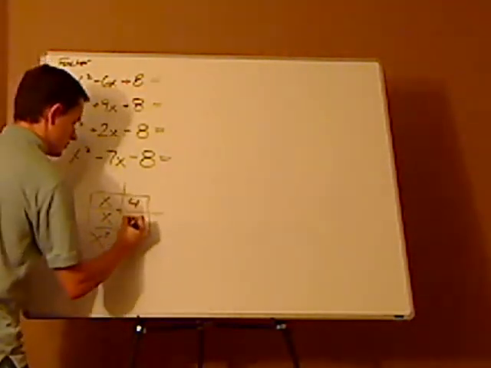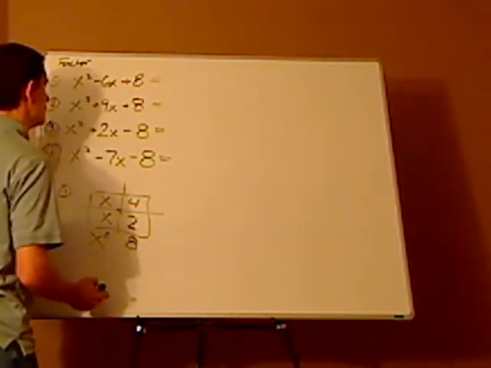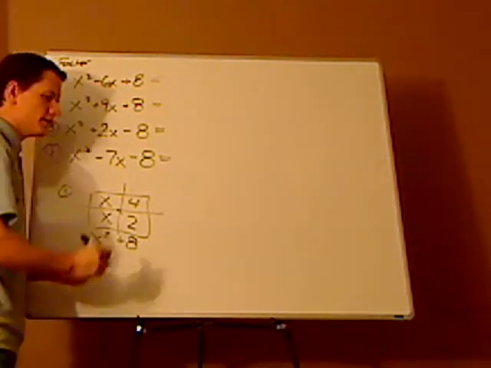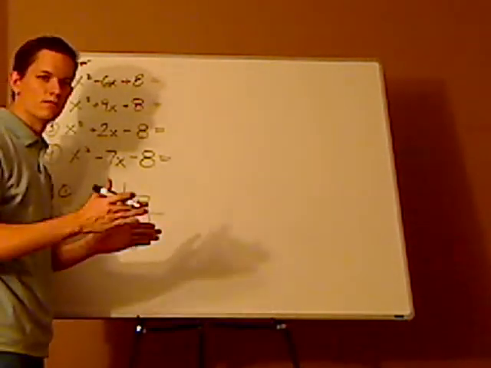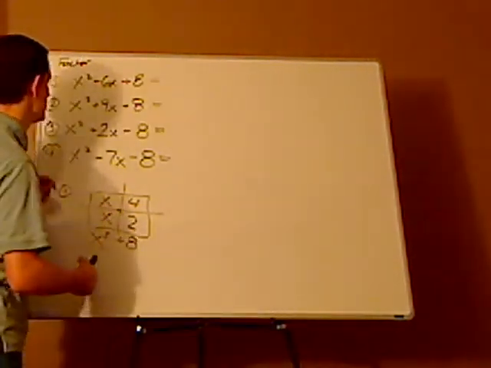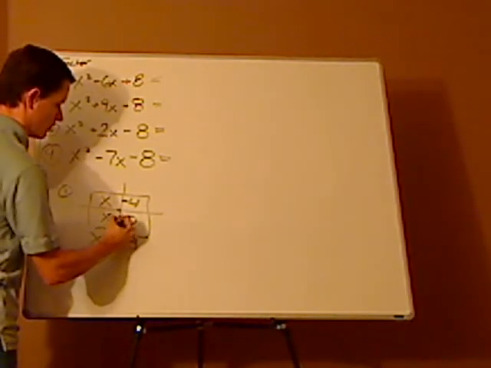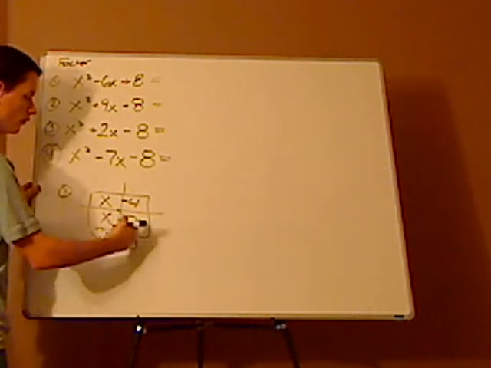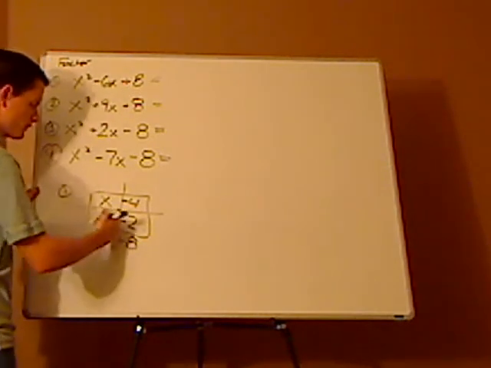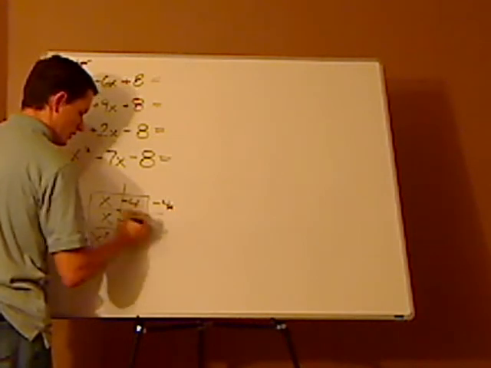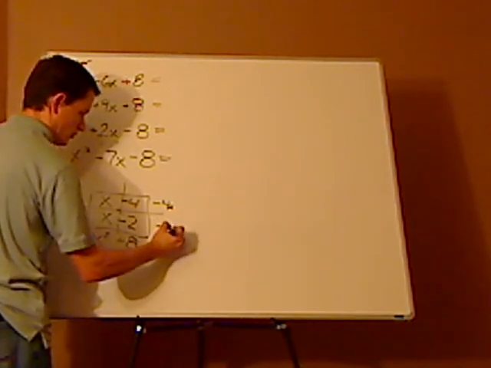So 2, 4. Now, since there's a minus sign here, since this is a plus, it's either going to be negative, negative, or positive, positive. In this case, since it's a negative, that means you're going to have a minus sign. Now, with the box method, again, you can check it with the diagonals, but you're purposely setting it up, right?